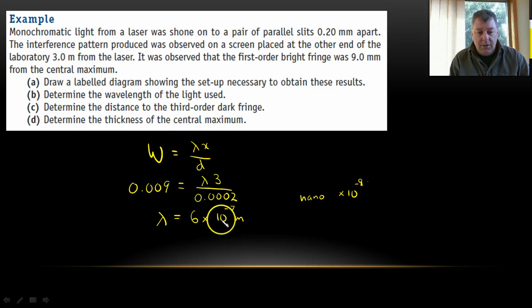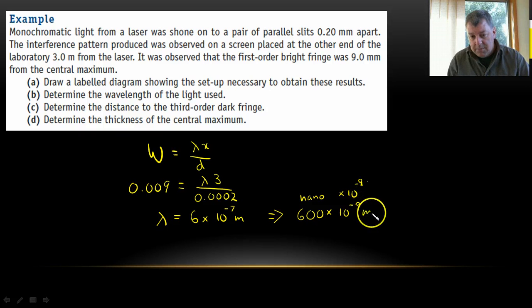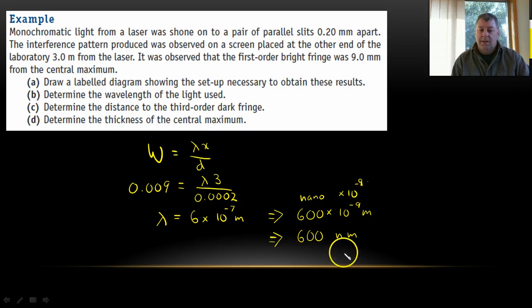So if we were to convert this to 10 to the minus 9, it would be 600 times 10 to the minus 9 meters. Therefore, our answer would be 600 nanometers, because the 10 to the minus 9 is our nano. And that's our wavelength in nanometers. Sometimes that throws students out a little bit.